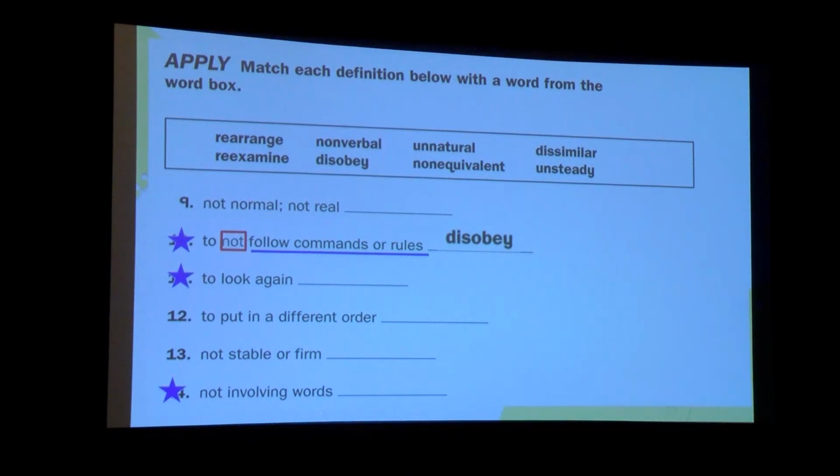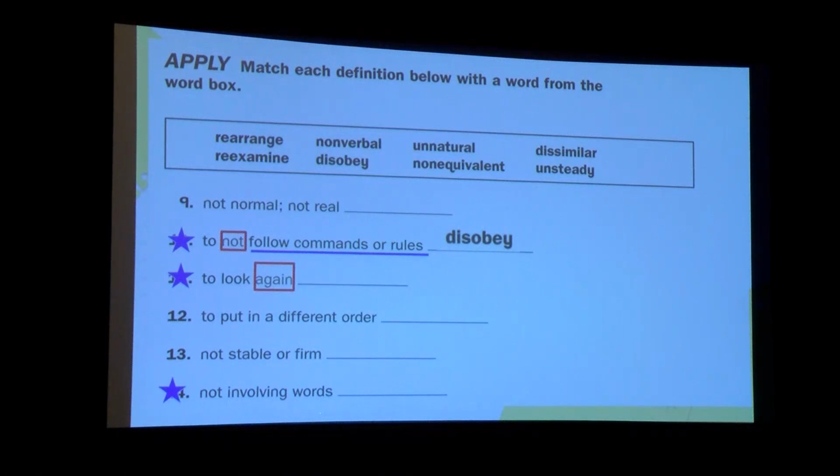Look at number 12 and 14. I'm going to give you just a second and see if you can figure out what words these definitions go to. All right, let's look at number 11, to look again. Re-examine, good.